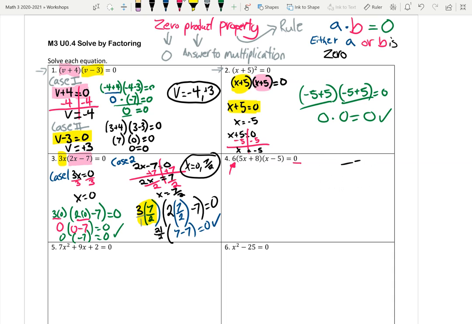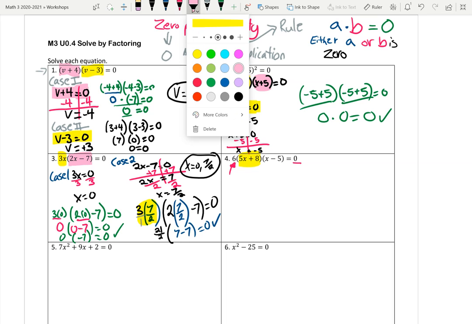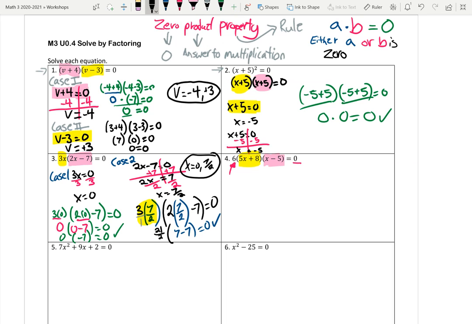So when you're looking at it, still look at the groups. What makes 5x plus 8 0? And what makes x minus 5 0? And this will set you up on your journey to figure out the solution to this equation.